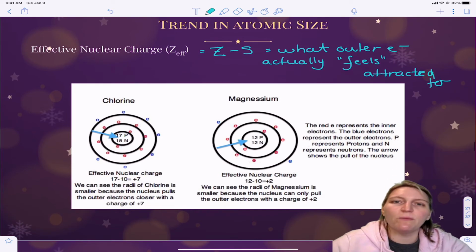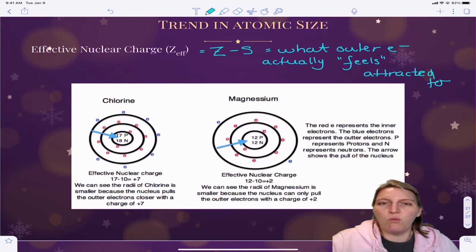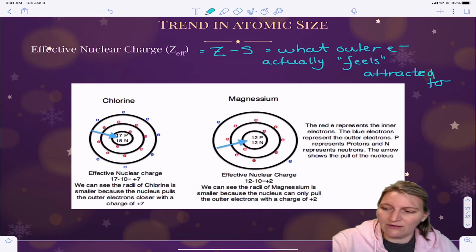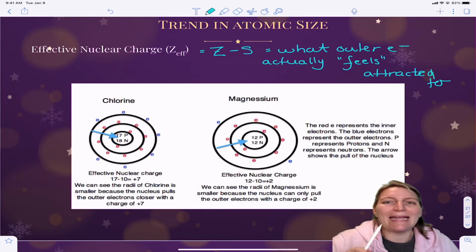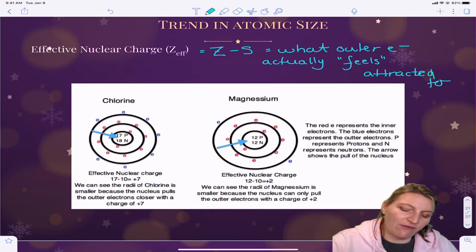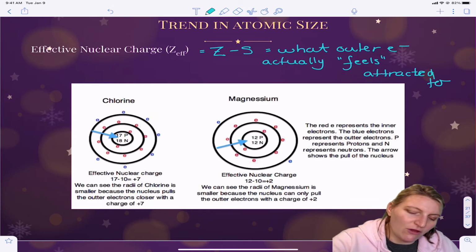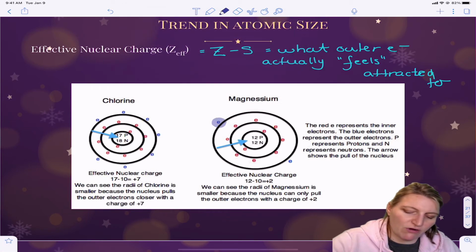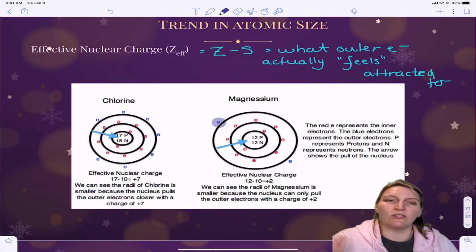And this picture here helps us to understand what we're talking about. If I look at magnesium first, I think magnesium is on the left on your handout. If I look at magnesium and I look at this blue electron out here, that's the electron that's going to determine size because it's the outermost electron.